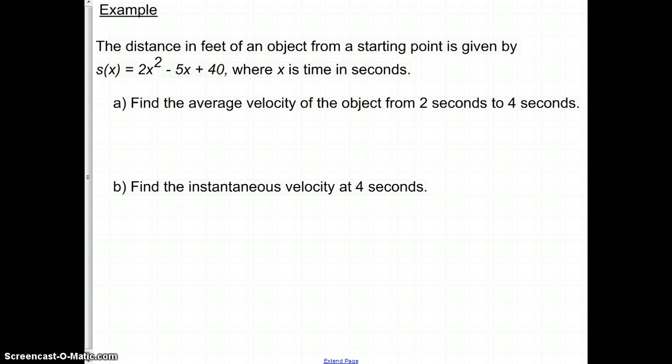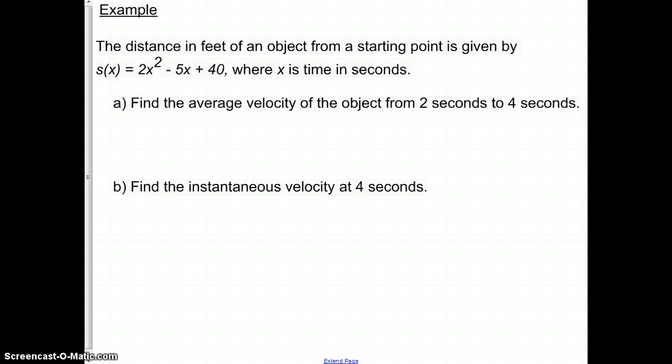Looking at this example, you have the distance in feet of an object from a starting point given by this equation. X is the time in seconds. The first question is find the average velocity of the object from 2 seconds to 4 seconds. So that's average rate of change, just the slope between these 2 points.